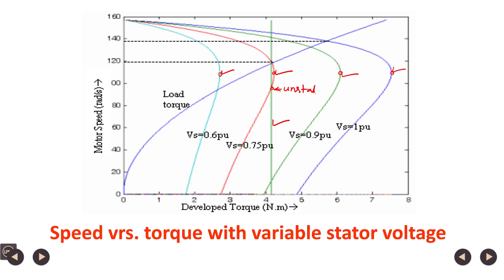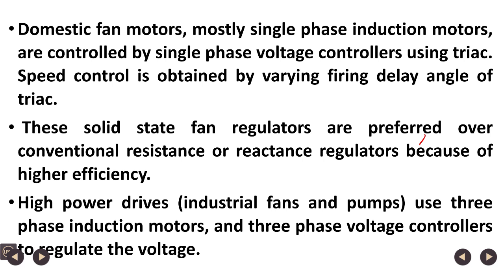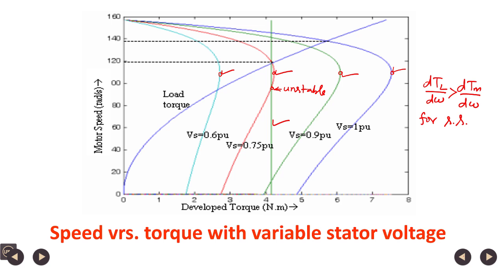You recall the steady state stability criterion: dT_L by d omega should be greater than dT_m by d omega. This is for steady state stability.